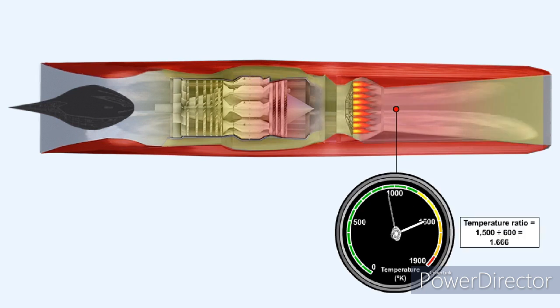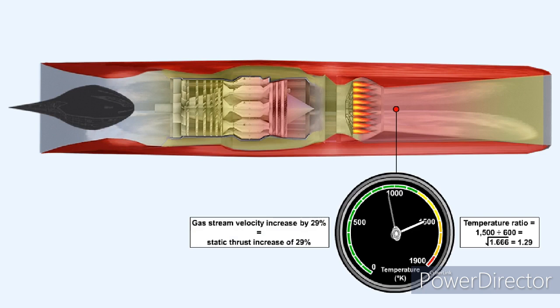If, for instance, we assume a gas stream temperature of 900 degrees Kelvin prior to selection of afterburner, and the temperature of the gas stream rises to 1500 degrees Kelvin subsequent to its selection, then the temperature ratio is obtained by dividing 1500 by 900. This gives us a temperature ratio of 1.666.